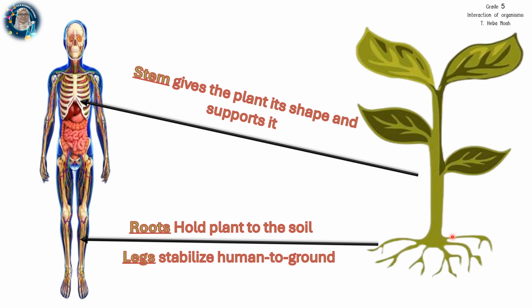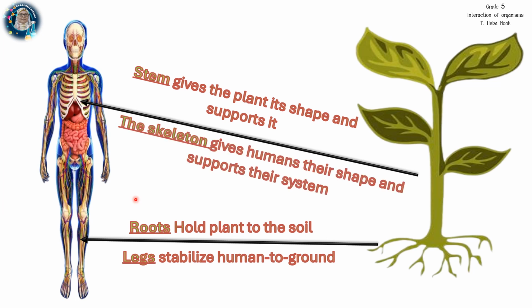And hold the plant parts. طب السكيلتون بتاعنا البونز والمسلز تقريبا the same function. بيعمل ايه؟ The skeleton gives the human their shape and support our body system. تمام؟ Gives us shape and supports our body system. Hold our organs. تمام؟ تمام.